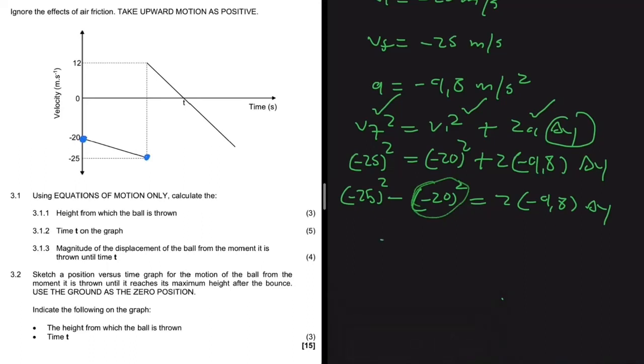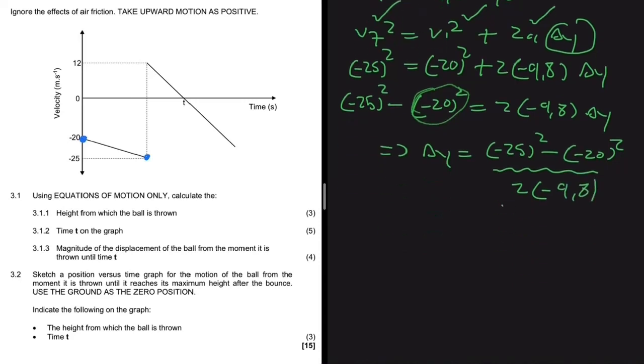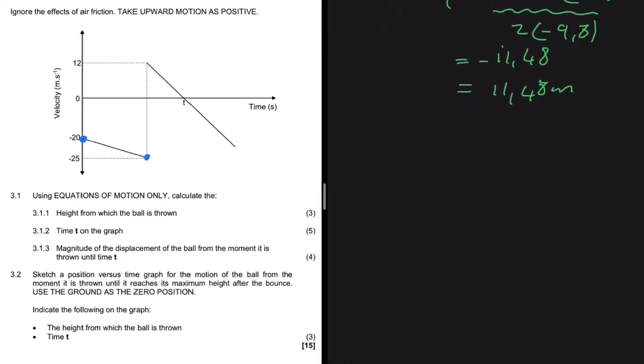So delta y equals minus 25 squared minus 20 squared, everything divided by 2 multiplied by minus 9.8, and delta y is equal to minus 11.48, which is just 11.48 meters. So the height above the ground is 11.48 meters.